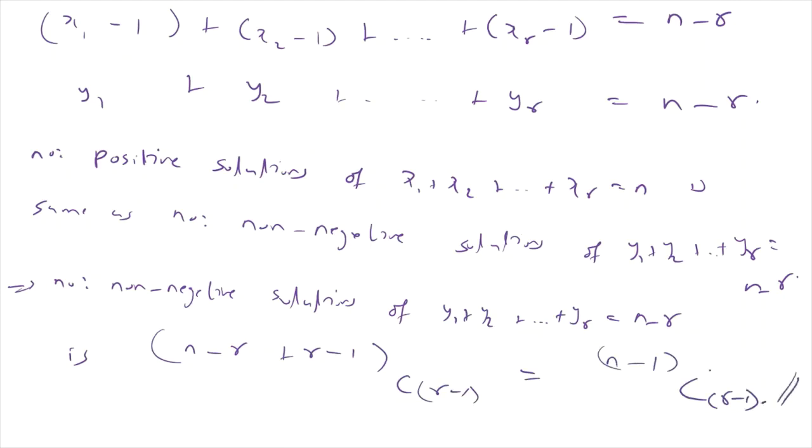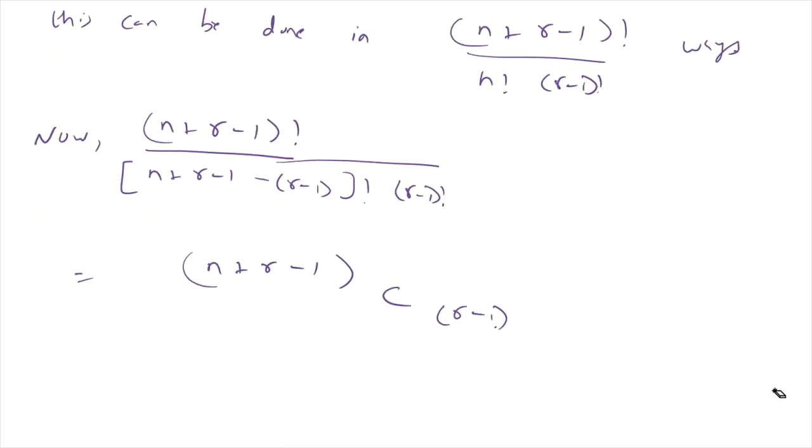So these are the total number of positive solutions of the equation x1 plus x2 plus so on up to xr is equal to n. So here we have proved two results.